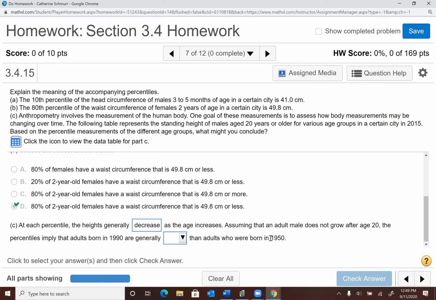So the adults born in 1950 are older, and so we can say that the adults born in 1950 were shorter. So the way this is worded, it implies that adults born in 1990 are generally taller than adults who were born in 1950. And again, that's because the younger age groups had higher heights.